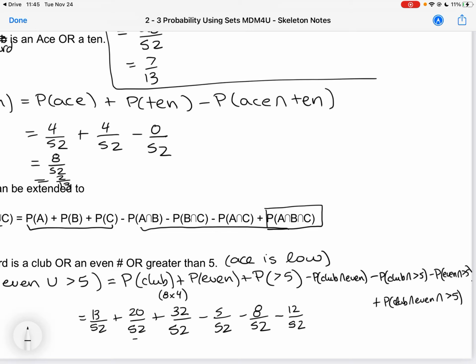Okay, so reducing our 20 out of 52 number. And then our last one is the intersection of all 3, which is only 3 numbers out of a possible 52 in that set. So adding all those together would give me 43 out of 52. That would be the chance that the card is a club, or it's even, or it's greater than 5.